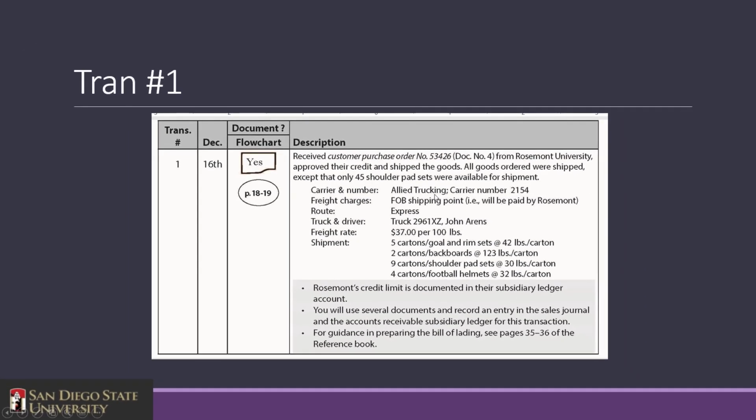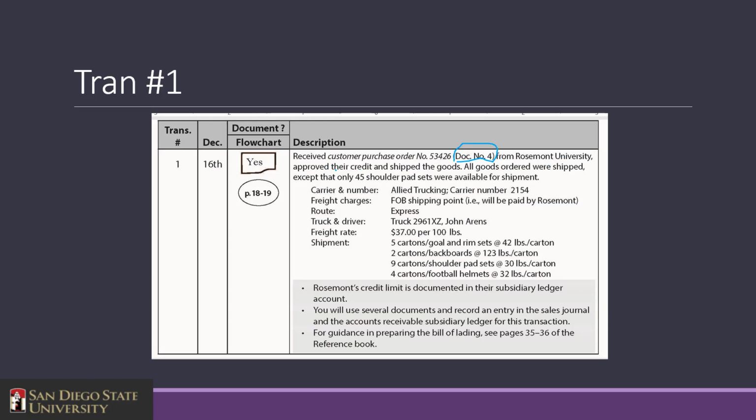First, read and understand the transaction. So in this transaction, Warren Sports received a customer purchase order. Here's the order number, and this is document number 4 in our document packet. They received the order from Rosemont University.